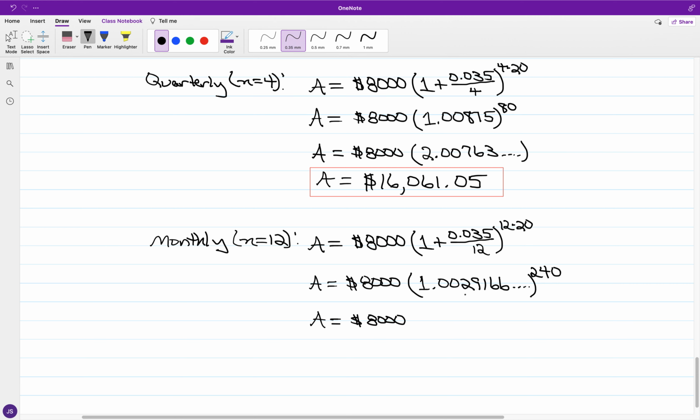The sum is getting smaller while the power is getting much larger. For this number to the 240th power, you have just over 2.01. Multiplying by $8,000, the balance is going to be a little bit higher. In this case, we will come out to $16,093.62.